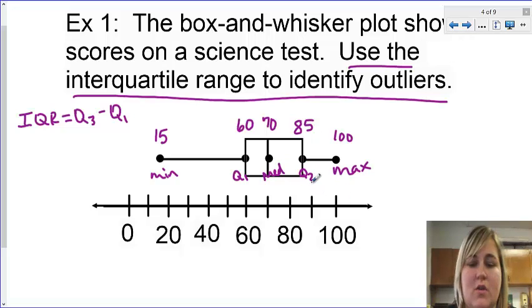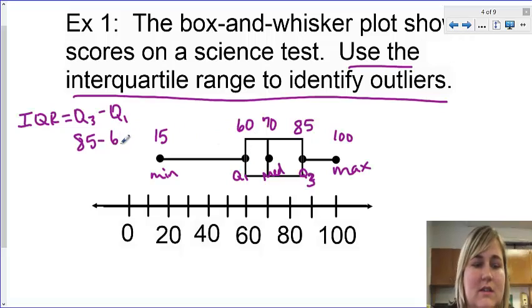Oops, I put Q2 instead of Q3. Q3, this is Q2. The median and Q2 are the same. So, Q3 is 85 minus Q1, which is 60. So, the IQR, or the interquartile range, 85 minus 60 gives us 25.